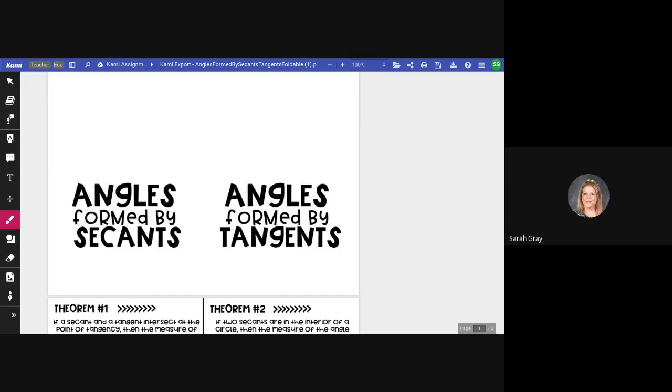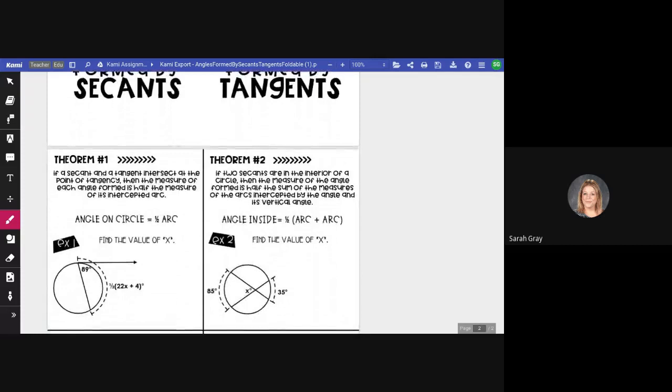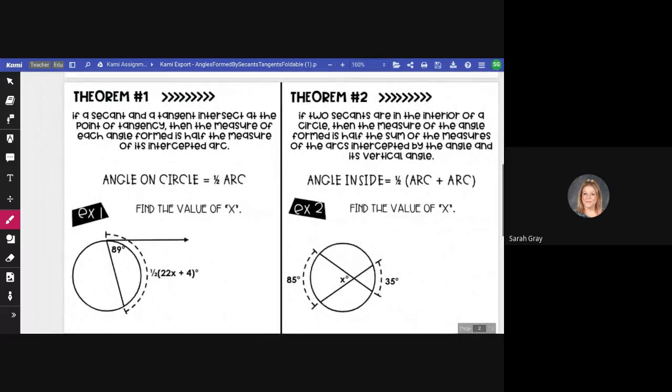So if you would open up the file, I think it's CI2 notes part 2. All right, we're going to start here where it says theorem 1.